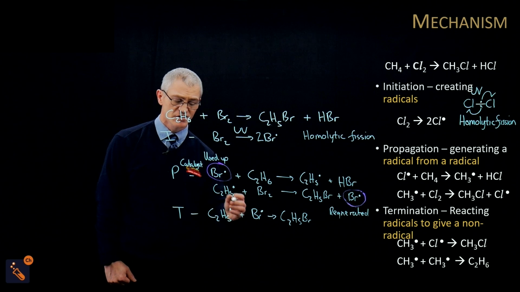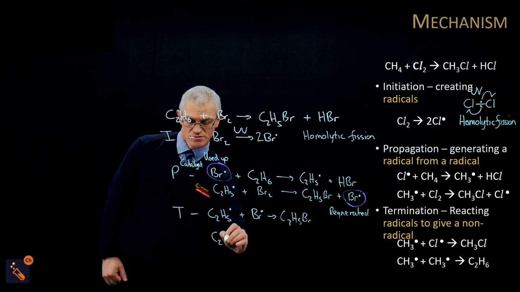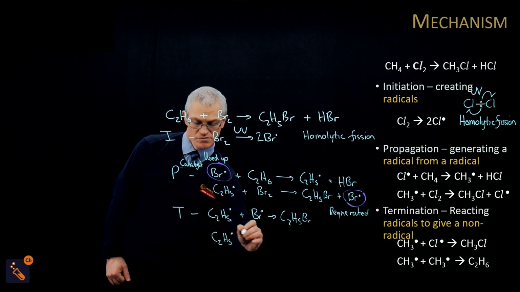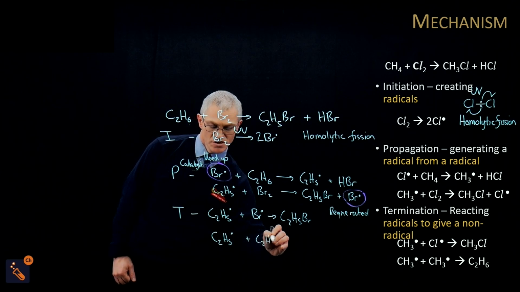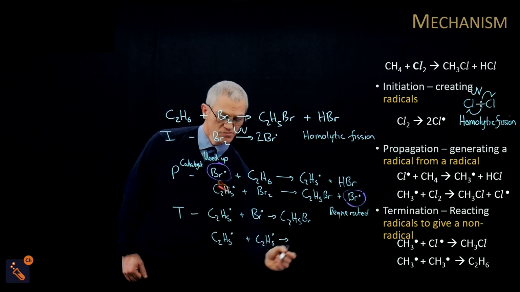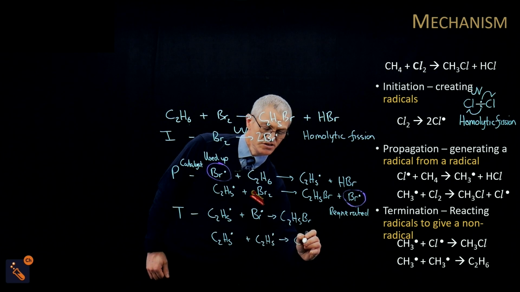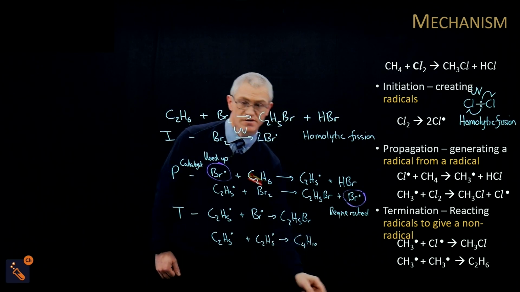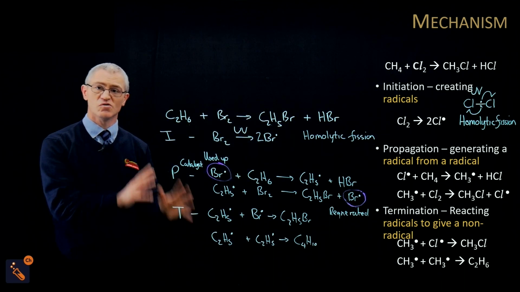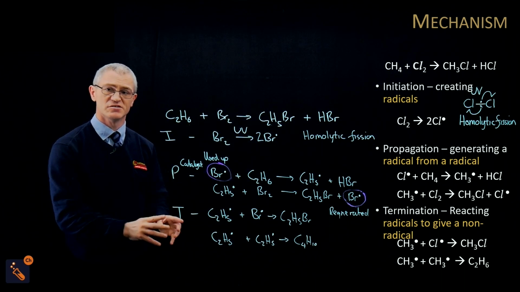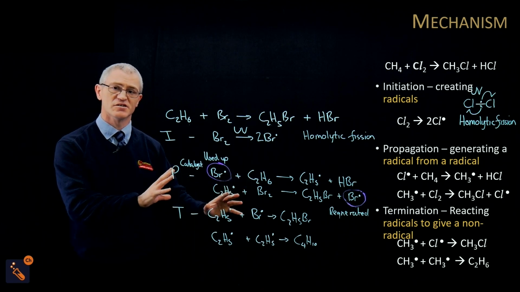You can combine C2H5 as well with C2H5, 2 radicals, which is C4H10. Now, we've got all our marks. We've got initiation, propagation, termination. We've gone through the entire thing with a different one.